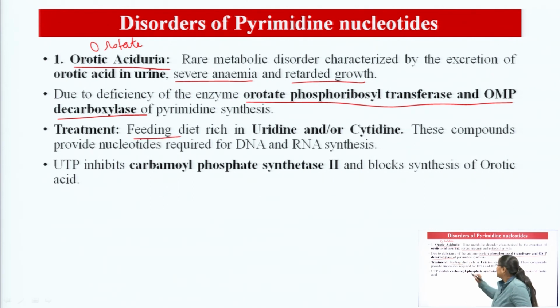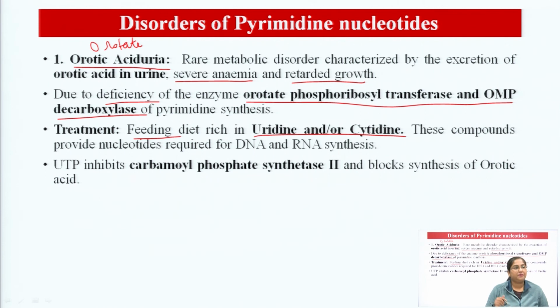By feeding a diet rich in pyrimidine nucleotides, that is uridine or cytidine, because there is a deficiency. Then this disorder will be overcome.